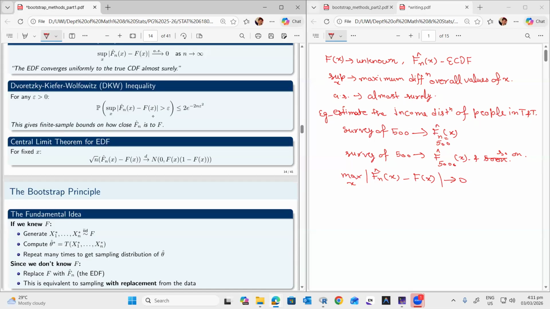So basically it tells us the probability that the empirical CDF is far from the true CDF decreases exponentially fast with the sample size. Theorem 1 says that eventually F_n(x) will converge to F(x), but theorem 2 says that even for a fixed sample size, here is how close you are likely to be.